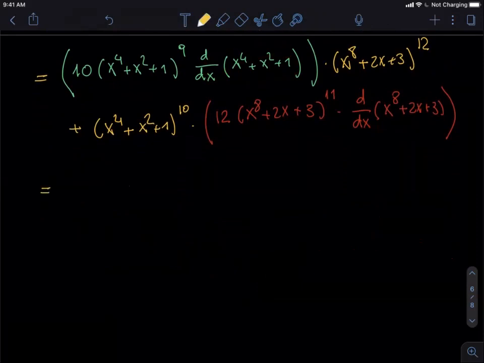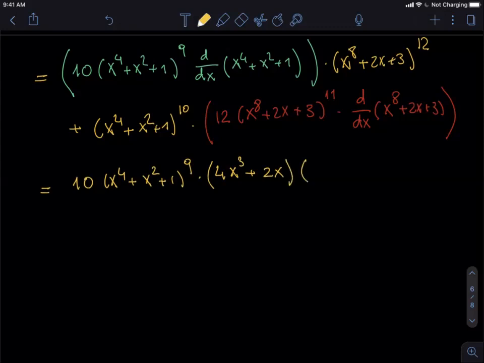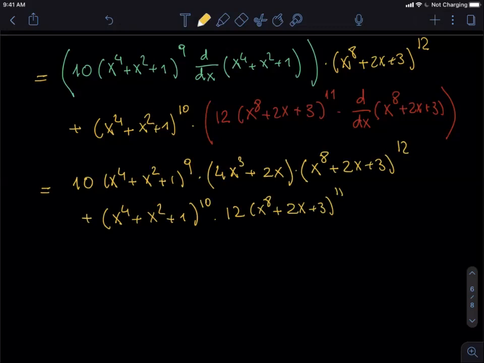So this is 10 times x to the power 4 plus x to the power 2 plus 1 to the power 9 times 4x to the power 3 plus 2x, remember the parentheses, times x to the power 8 plus 2x plus 3 to the power 12, plus x to the power 4 plus x squared plus 1 to the power 10 times 12 times x to the power 8 plus 2x plus 3 to the power 11 times 8x to the power 7 plus 2.